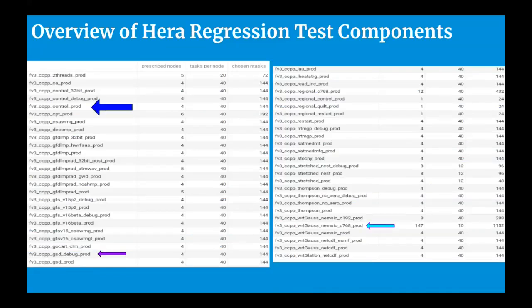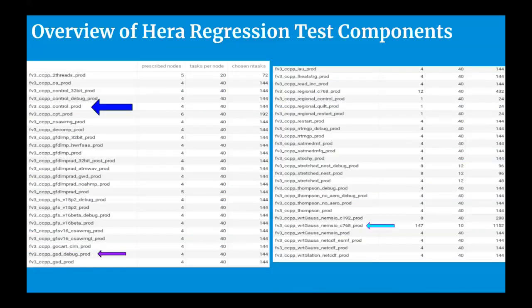And so just getting into an overview of what these tests look like. The blue line, or the blue arrow, is the control run, and we can see the prescribed nodes and tasks per node and things like that over on the side. Essentially, the nodes are just ways that the individual processing units speak to each other, in terms of the supercomputer itself. And then down at the bottom is the purple arrow, and this is one of the debug cases.